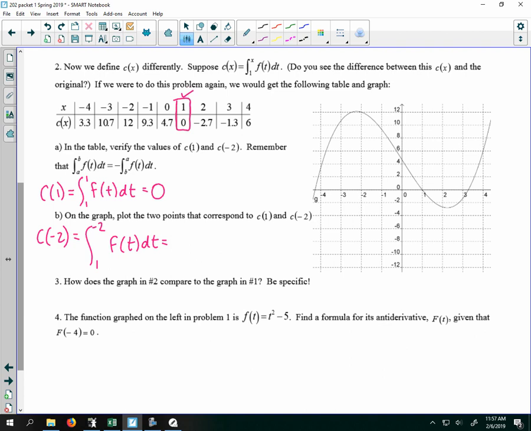So if I change the order of the bounds to -2 to 1, I have to put a negative in front of the integral. So this says find the area under f of t from -2 to 1, and then make it negative.